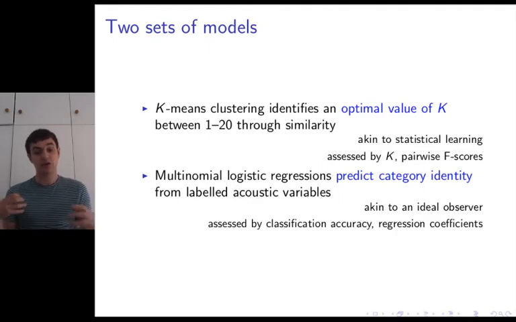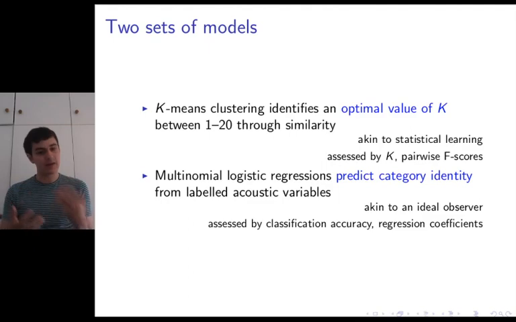I also applied multinomial logistic regressions to the data. These are trained on labeled acoustic tokens, and tested on an additional unlabeled data set. Rather than being a proxy for infant learning, this is a heavily supervised, ideal observer approach to this statistical learning.